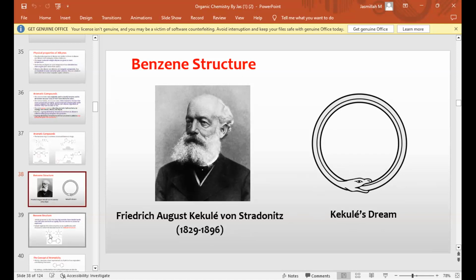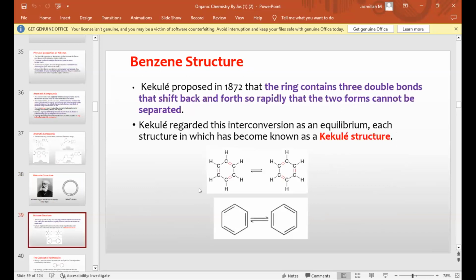Kekule proposed this in 1872, and the ring contains 3 double bonds that shift back and forth so rapidly that the 2 forms cannot be separated. This is what is known as the Kekule structure, and you can see the shift that they're talking about.